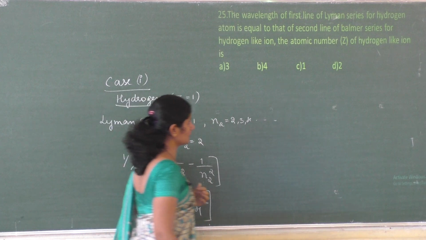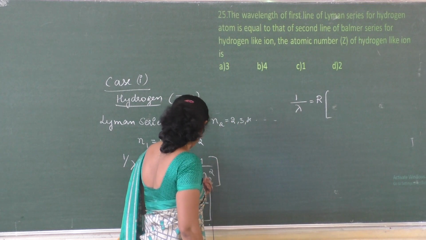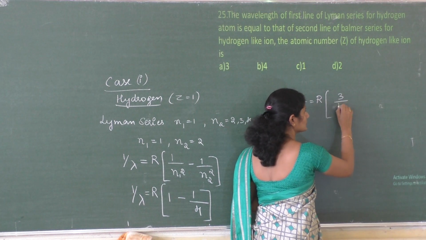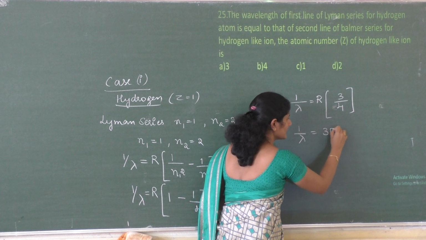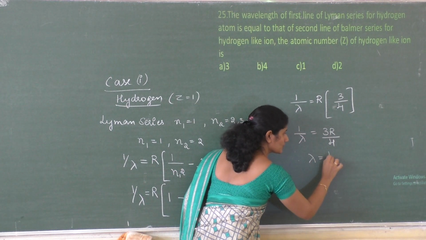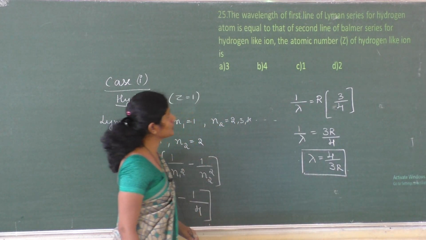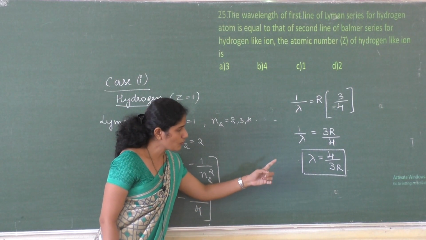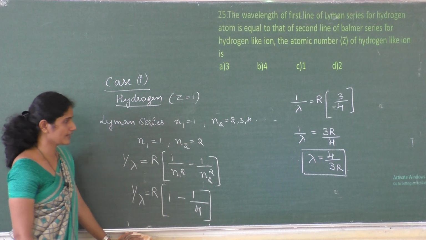So 1 by lambda is equal to r into 1 minus 1 by 4, that is 3 by 4. 1 by lambda is equal to 3r divided by 4. Therefore, lambda is equal to 4 by 3r. The wavelength of first line of Lyman series for hydrogen atom is 4 by 3r, where R is a constant.